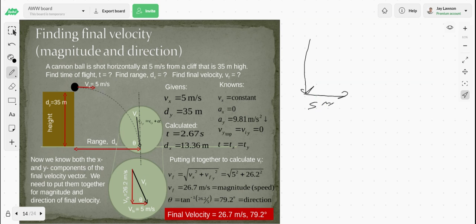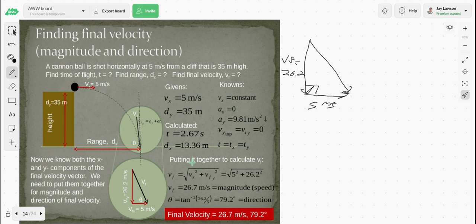This one we said was 5 meters per second, right? And this one is going to be 26.2 meters per second. And the final velocity is this resultant right here. That's what we said earlier.